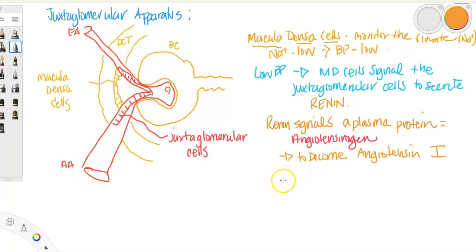Once angiotensin 1 is there, if there is an enzyme called ACE, then angiotensin 1 can become angiotensin 2.